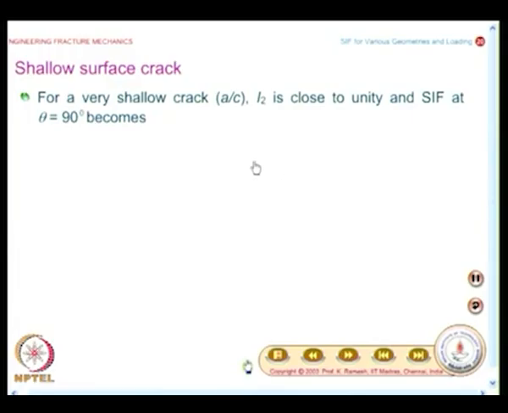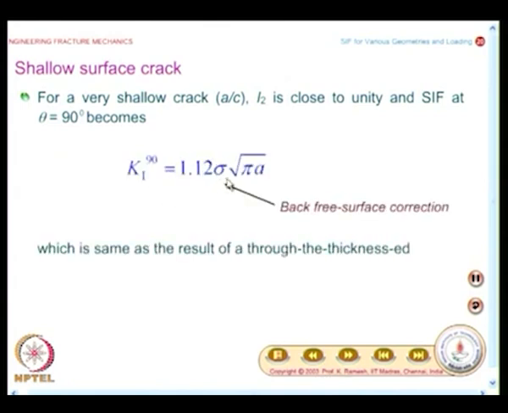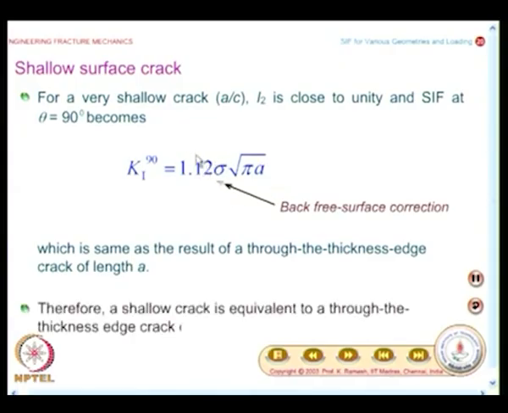And people also have looked at, suppose I have a shallow crack. In a shallow crack, phi is close to unity and SIF at 90° becomes simply 1.12 sigma root of pi a, and we have already seen that what you have here is because of a free surface. You call this a back free surface correction, because we are going to see shortly a front free surface correction.